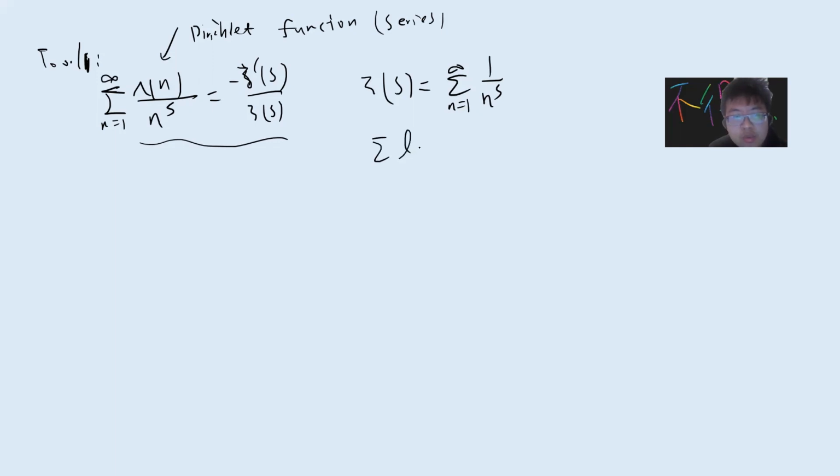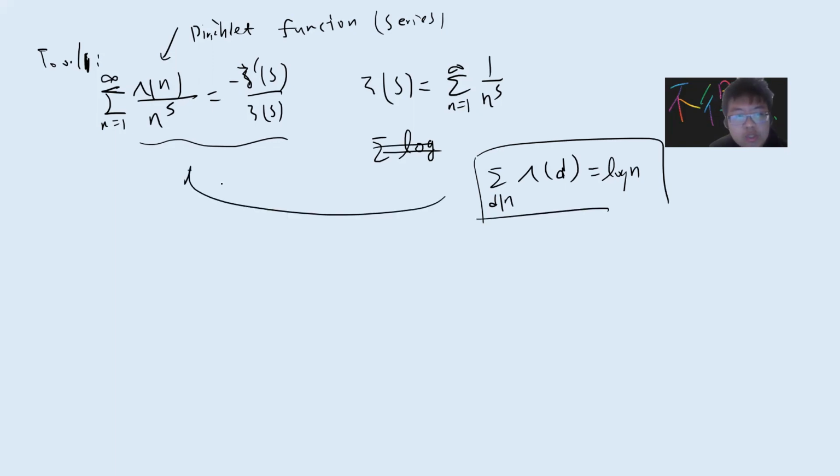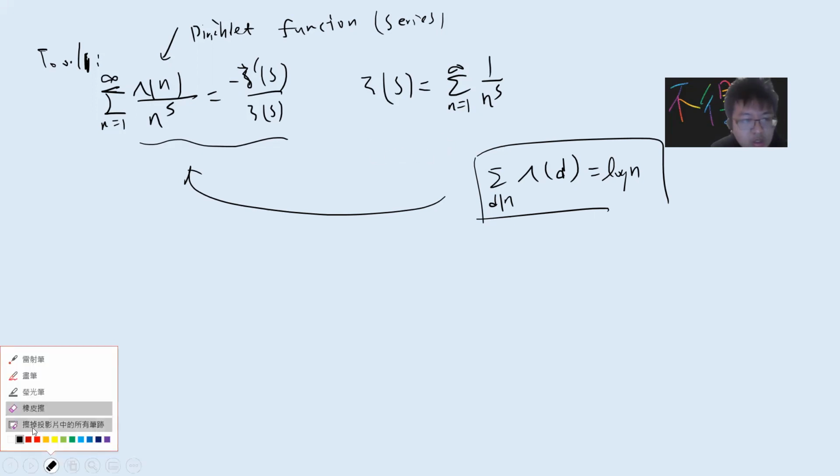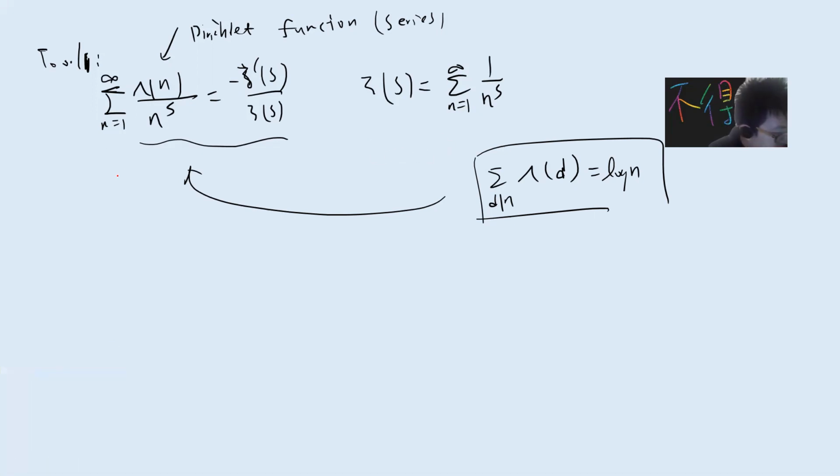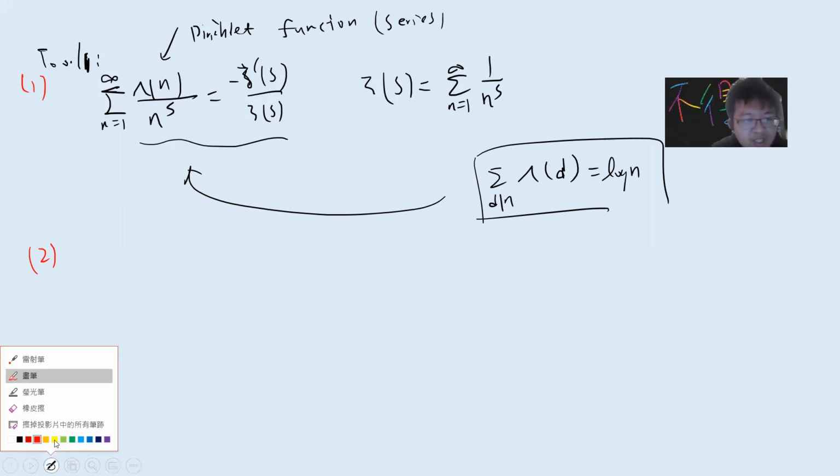You can prove the following, and I think it is easy to prove using this. So this is step 1. Step 2 is that we need to do the contour integral once I do the Mellin transformation.